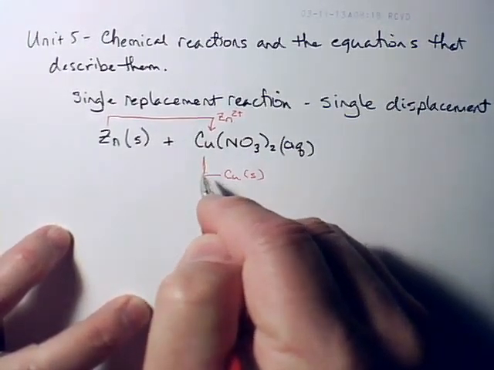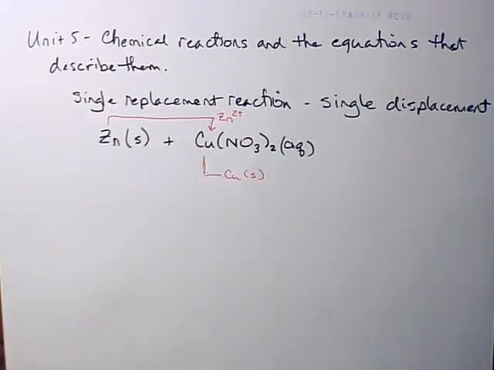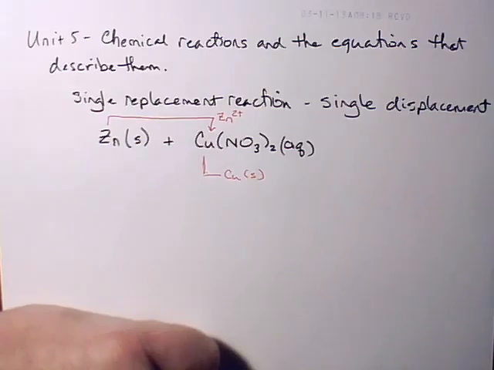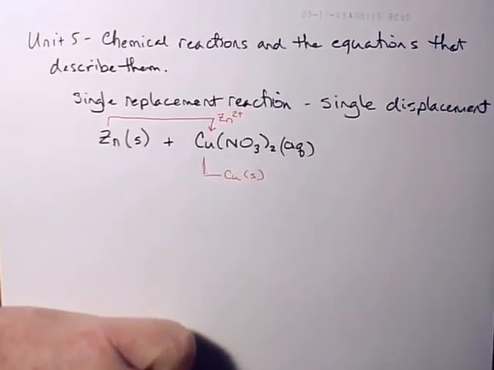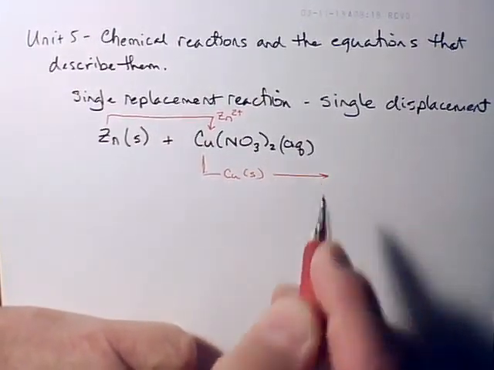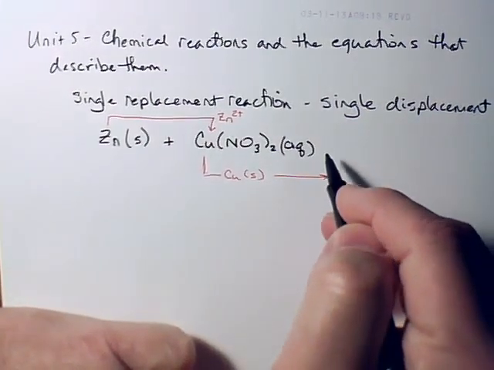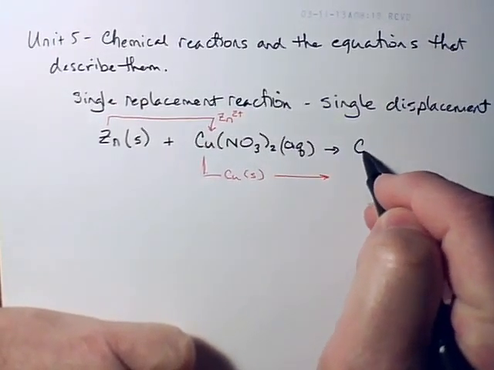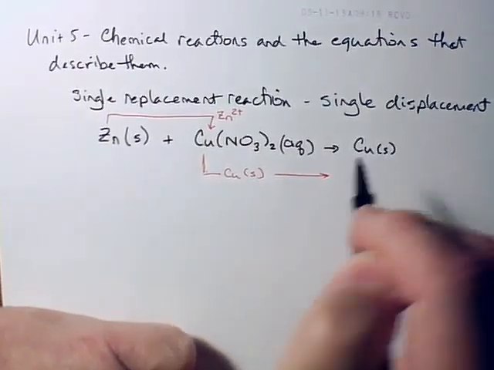Now you probably didn't see evidence of that, but if you worked with it long enough and allowed it to sit long enough, you'd probably see little tiny pieces of copper in the bottom if you knew what you were looking for. Okay? So then the products on the other side of this chemical reaction will be solid copper.